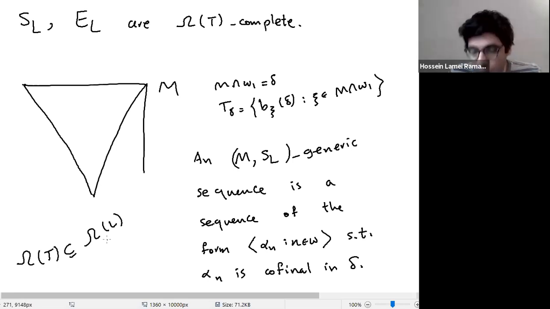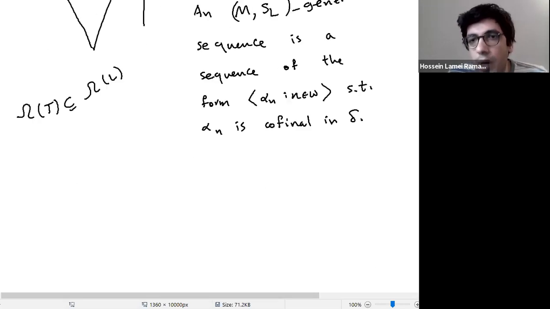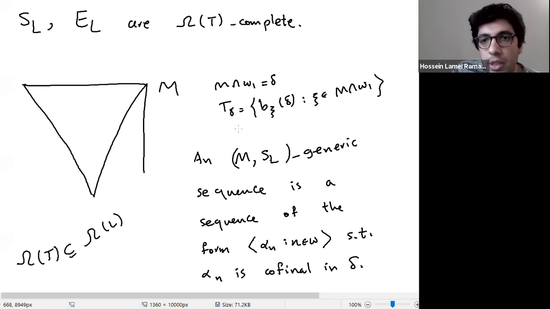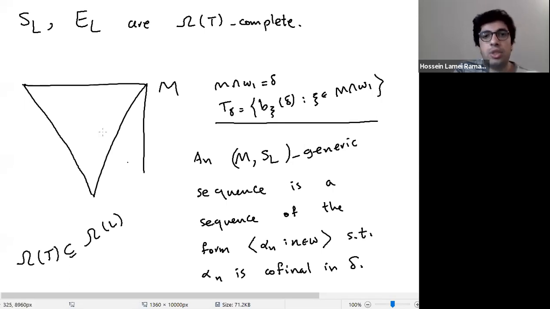For EL, the situation is similar. When we are in omega T, the situation is very easy because of this property here. The challenge when we want to find a lower bound for the sequence of elements in EL is how to send the elements of the top level to the elements here.